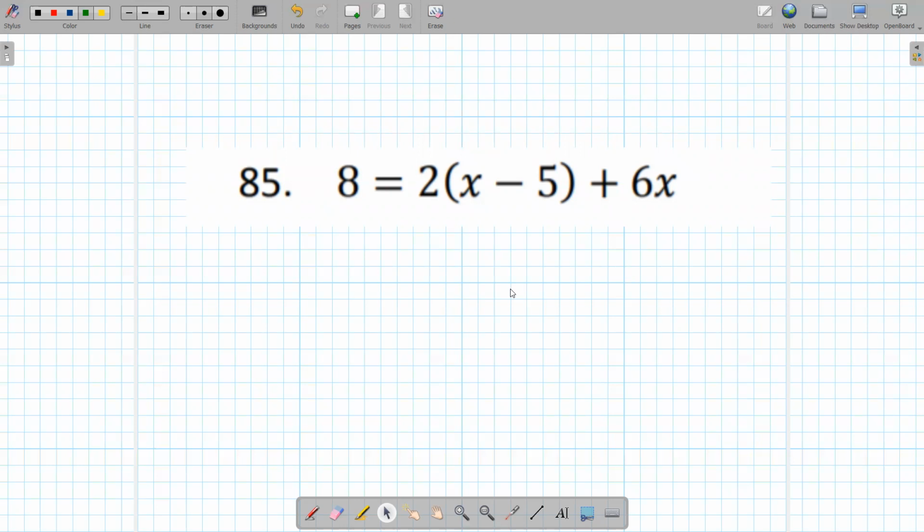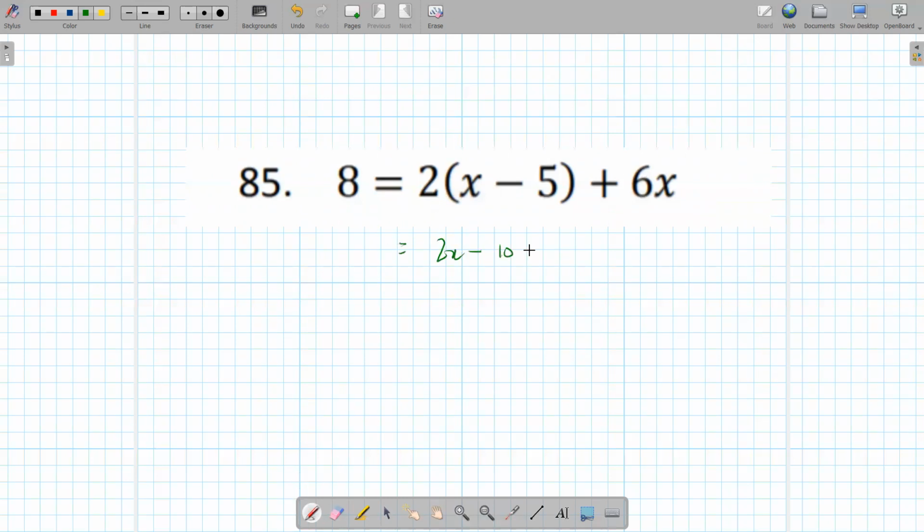It does. You can't divide by 2. See, if you divide both sides by 2 on the left side, you'll get a 4, but this 2 does not cancel out with this 2 because there's a plus sign here. So no, the first step is to open this bracket up.